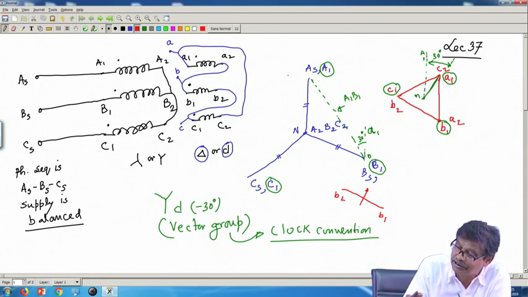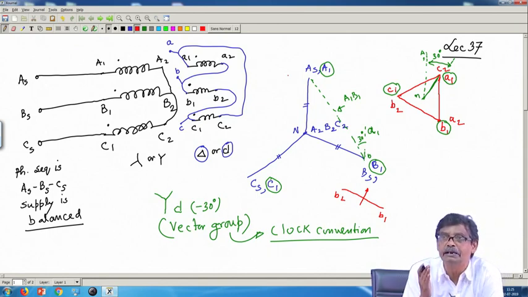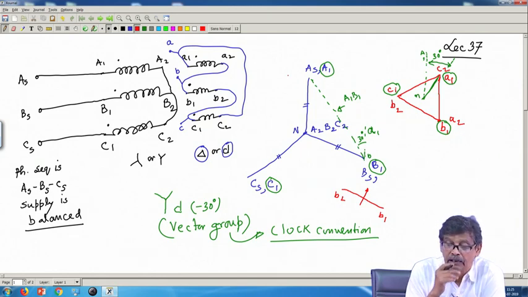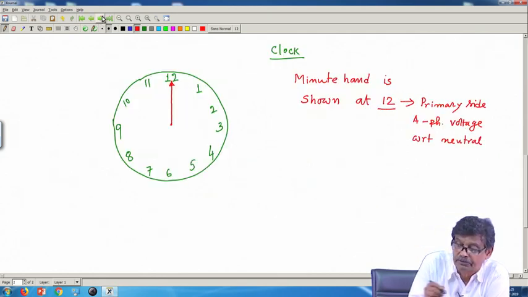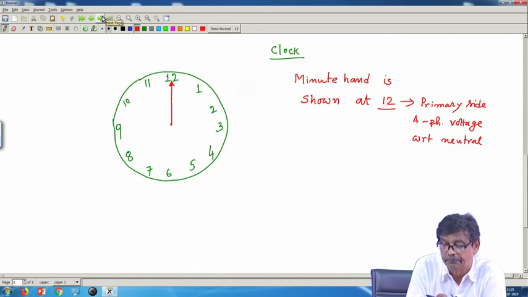That voltage I will place in the minute hand and always show it in the 12th position of the clock. This is the primary voltage.